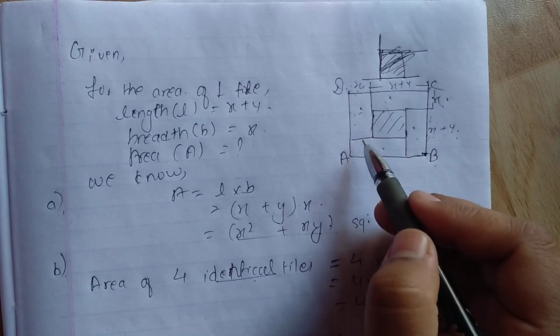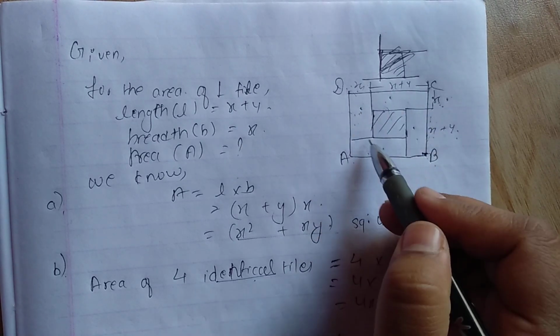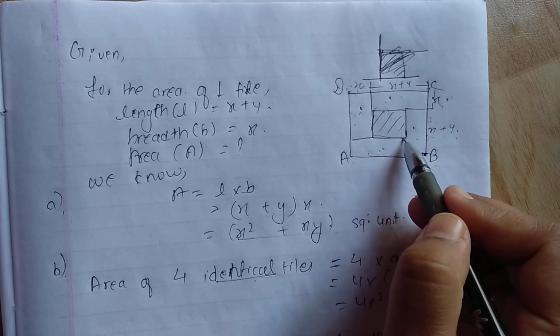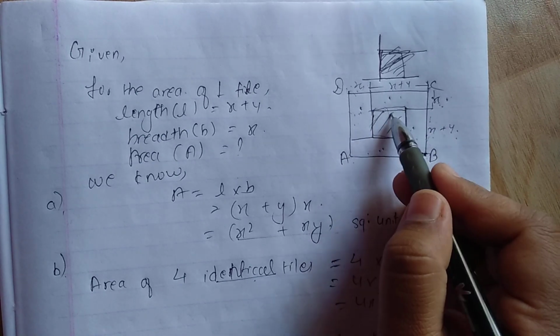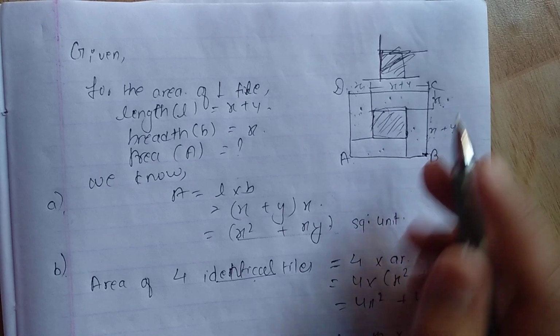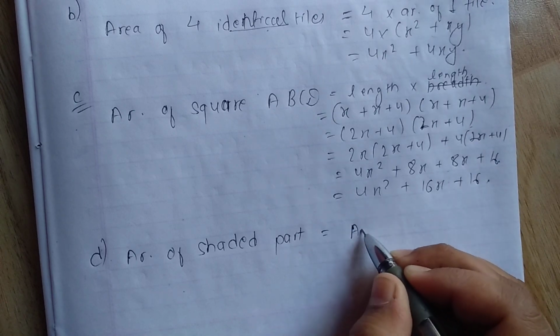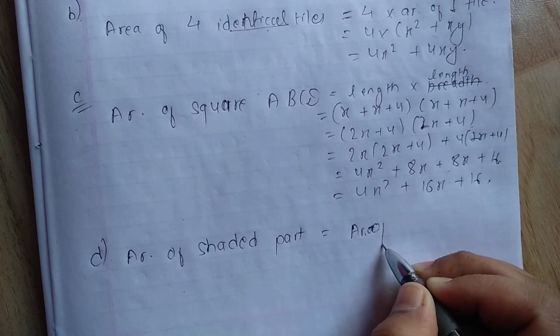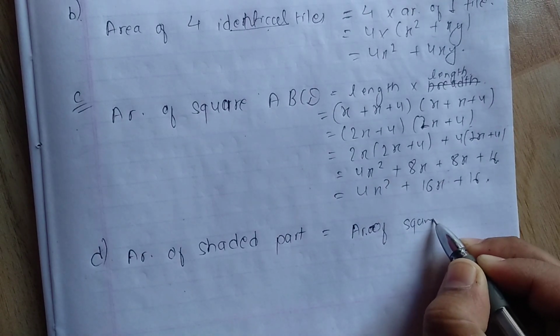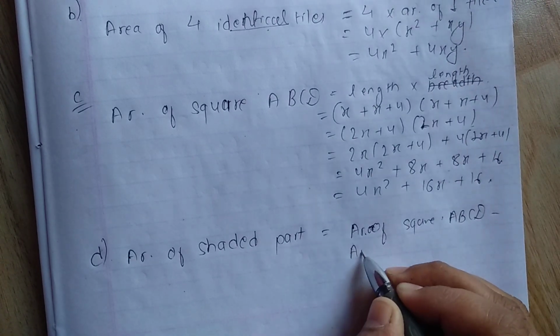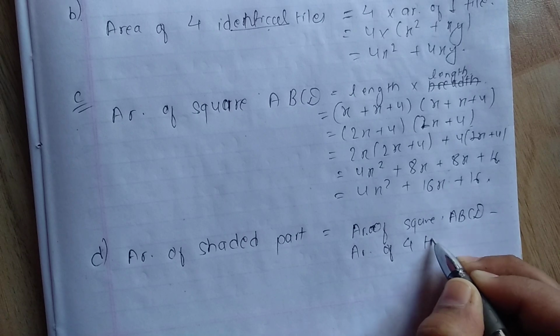So when we do area of this square minus area of four tiles, we will get the value of this shaded part. So area of the shaded part equals area of square ABCD minus area of four tiles.